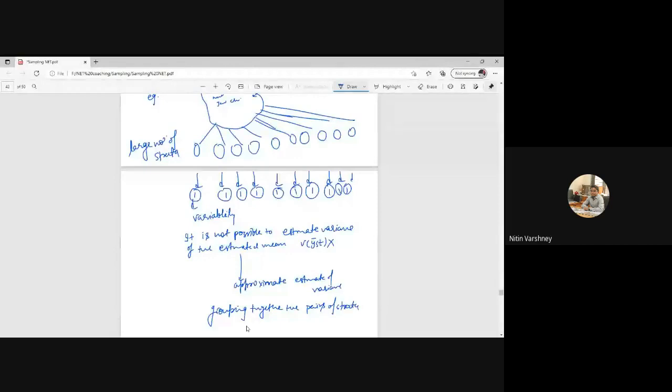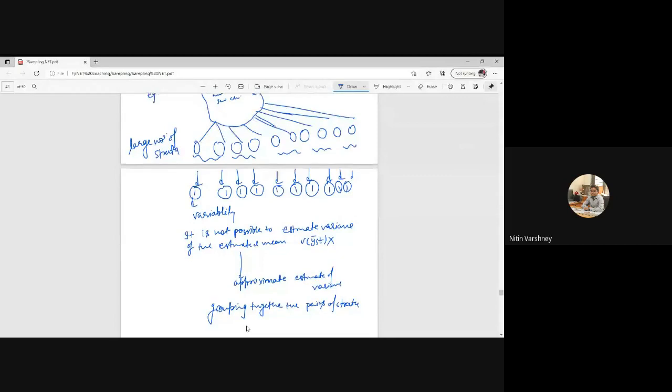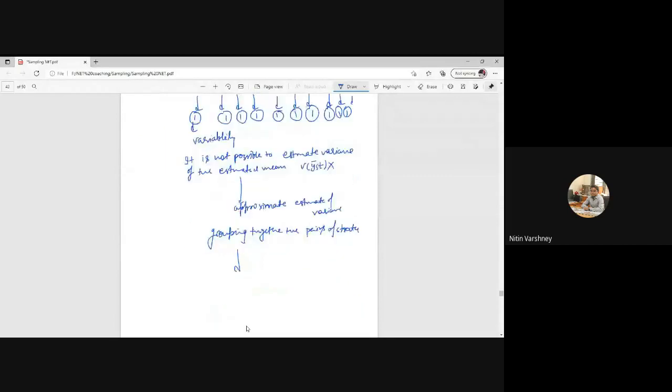Okay, so we have to group them in two groups, pairs. We will make the pairs of this, and this technique is known as collapsing of strata. Got it? Any doubt?